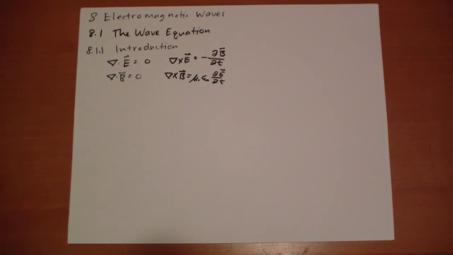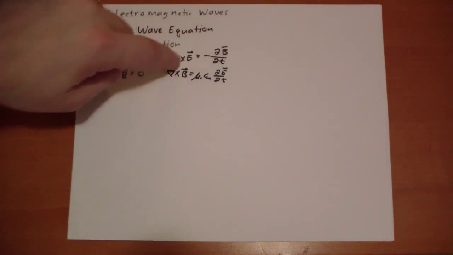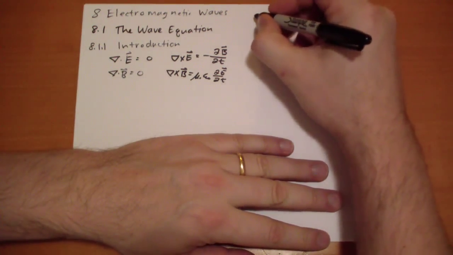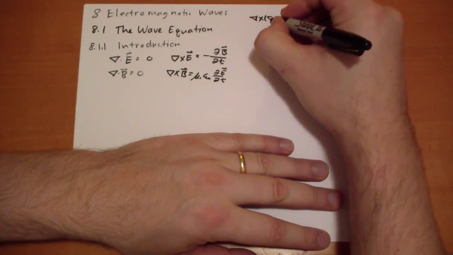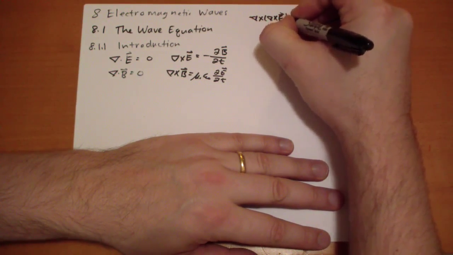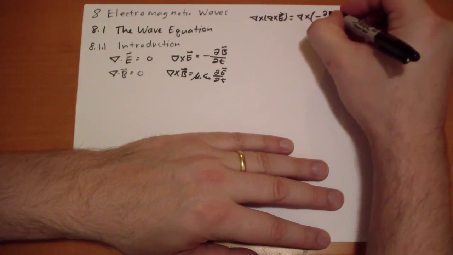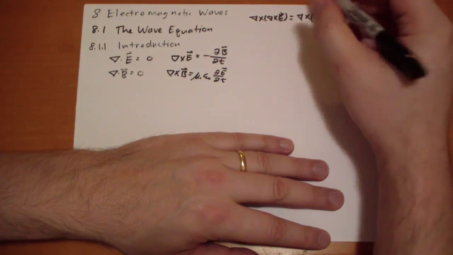Okay, so then if we take the curl of these two equations, we get something interesting. So let's do the curl of E. The curl of the E vector is going to be equal to the curl of this negative time derivative of the magnetic field.